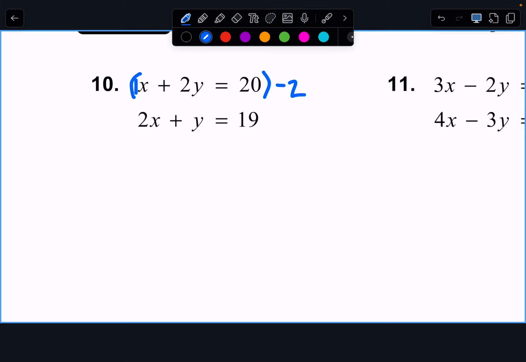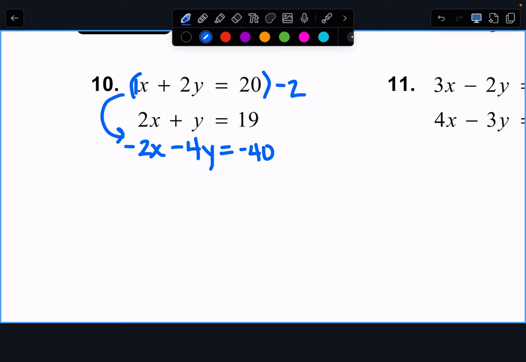Okay, so if we multiply that first one by negative 2, I'm going to write it right here. Negative 2x. What's 2y times negative 2? Negative 4y equals 20 times negative 2.